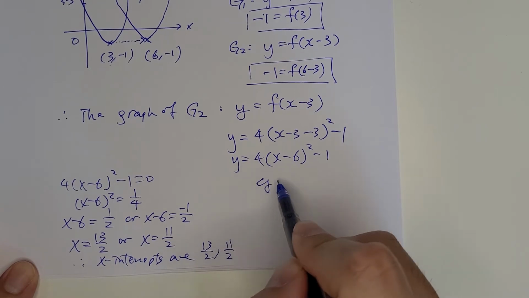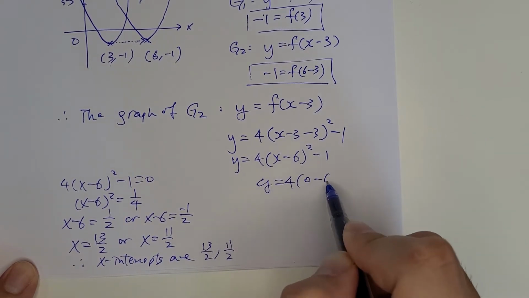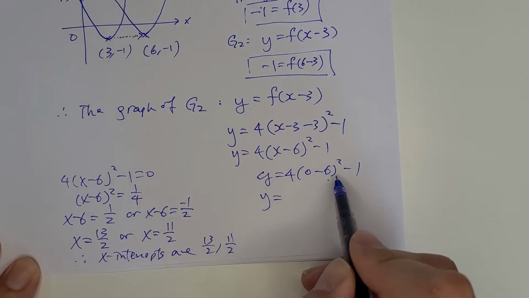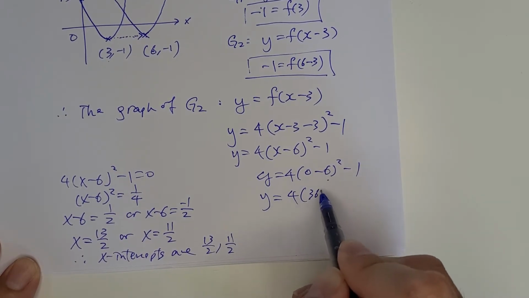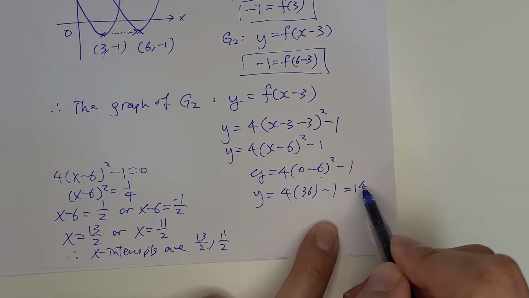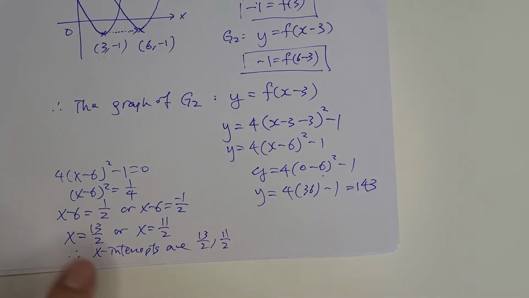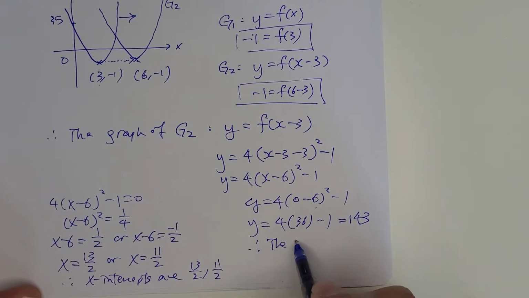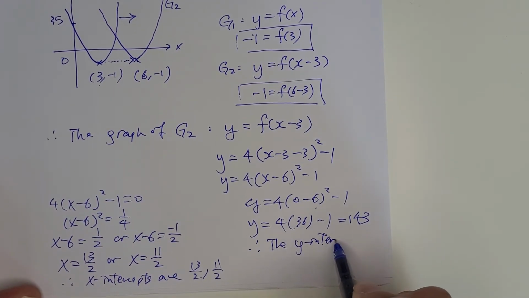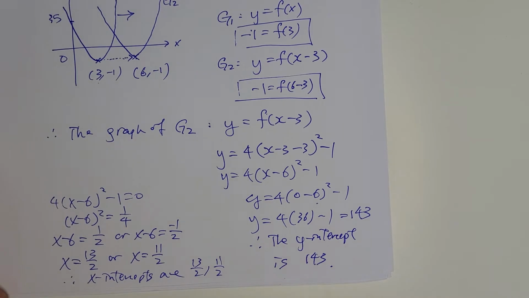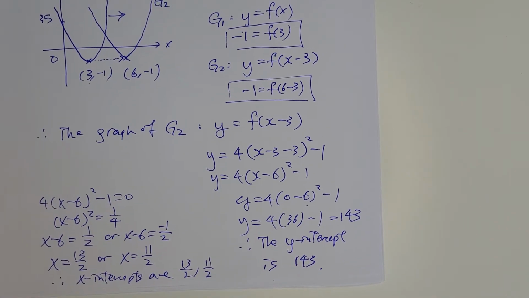So y equals 4 times (0 minus 6)² minus 1. (-6)² is 36, and you get 143. Therefore, the y-intercept is 143. So that's the end of part B.